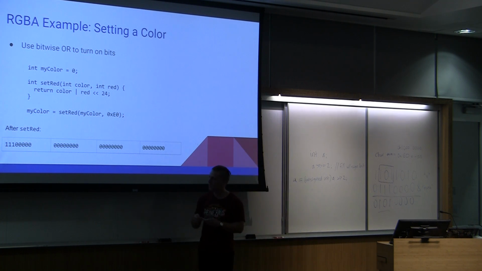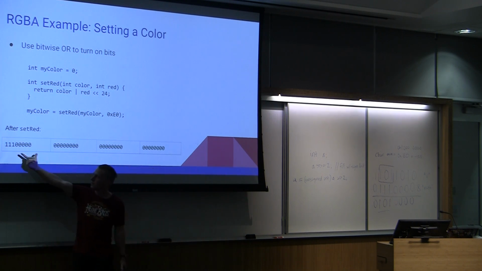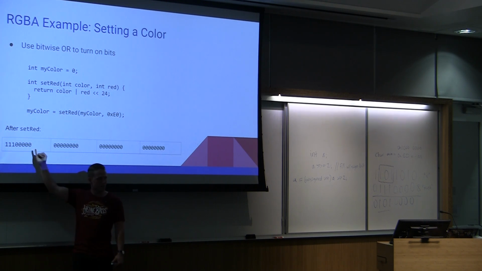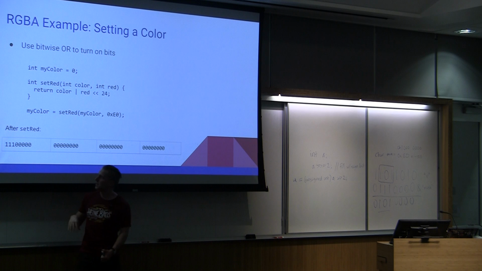So OR is useful for turning on bits in a vector, where I had this number E0, and basically I had all zeros here. So before the OR, 0 ORed with 0 becomes 0, and 0 ORed with 1 becomes 1. So the OR has the effect of writing the red channel into the number.